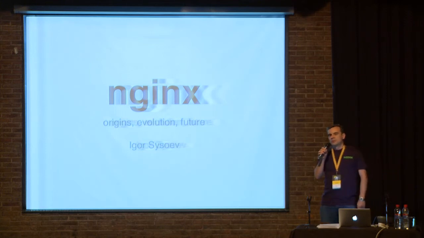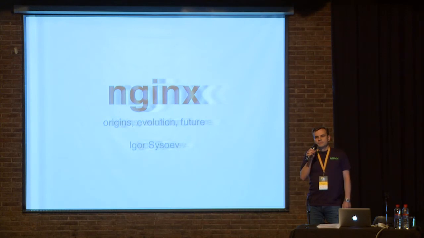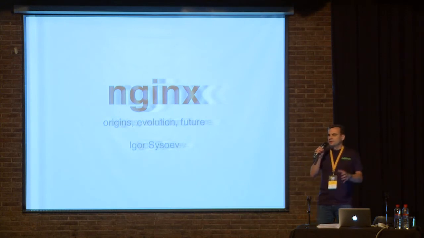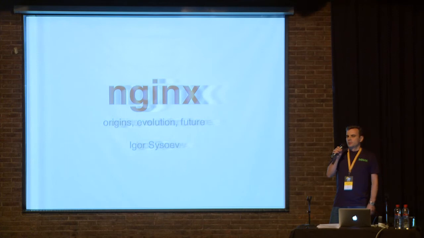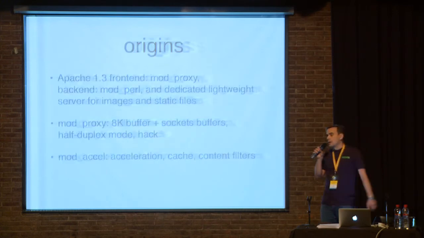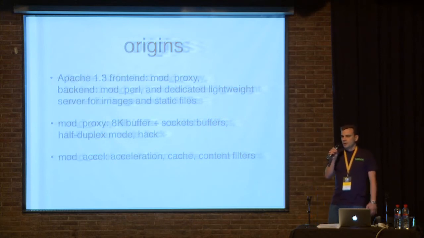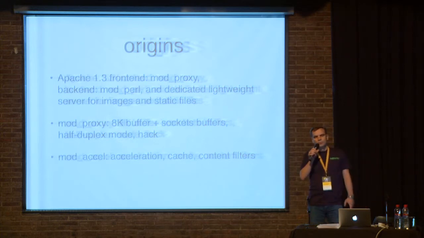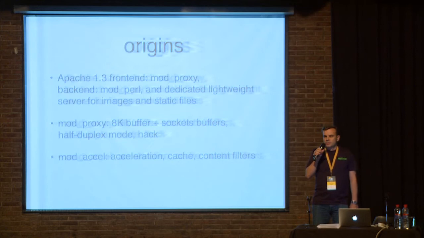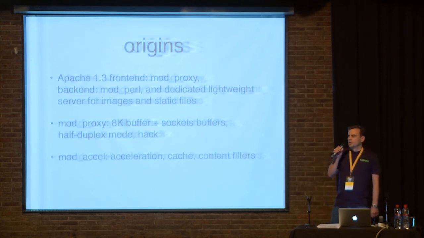When I joined Rambler in 2000, we used front-end and backend configurations typical for the time. Apache 1.3 with mod_proxy and Apache with mod_perl stayed behind the first Apache. For images, Flash and other static files, we used a dedicated lightweight server such as thttpd, Boa, and Mathopd.